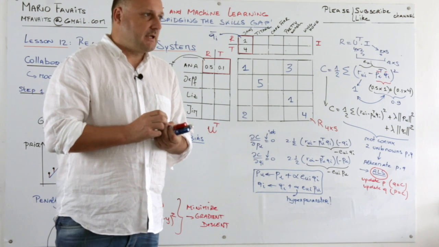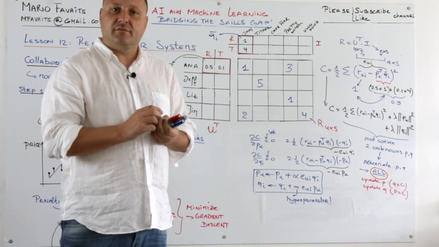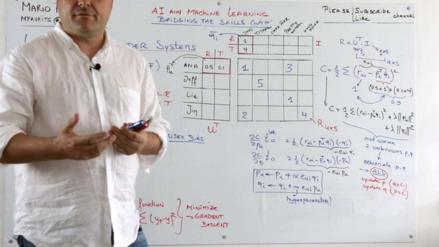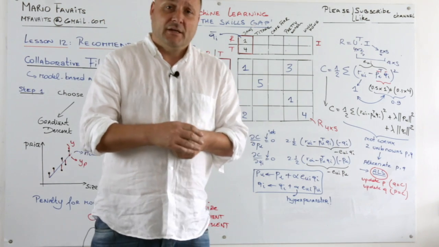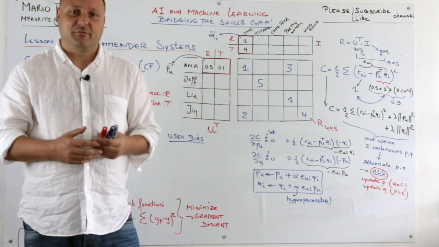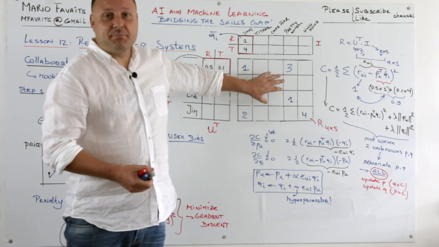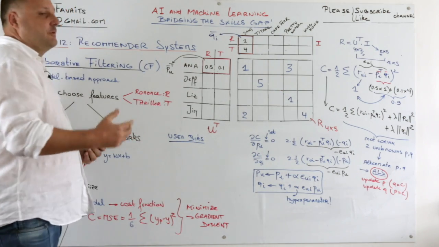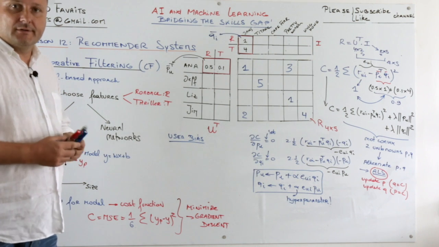You can have bosses that are very difficult, and when you score 3 out of 5, you've done a great job. You have other bosses that will always give you 5 out of 5, the maximum of the points. That creeps in here as well. So you have user bias, which again you can correct for.